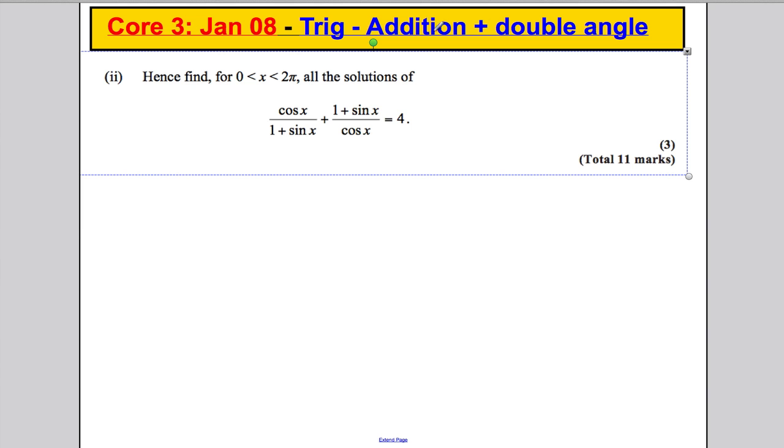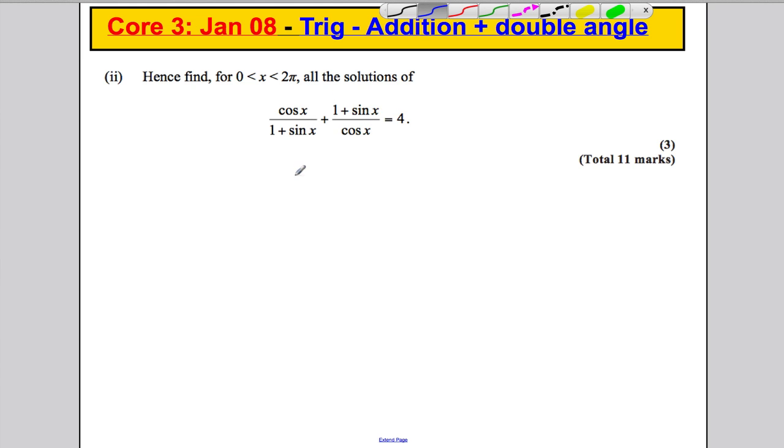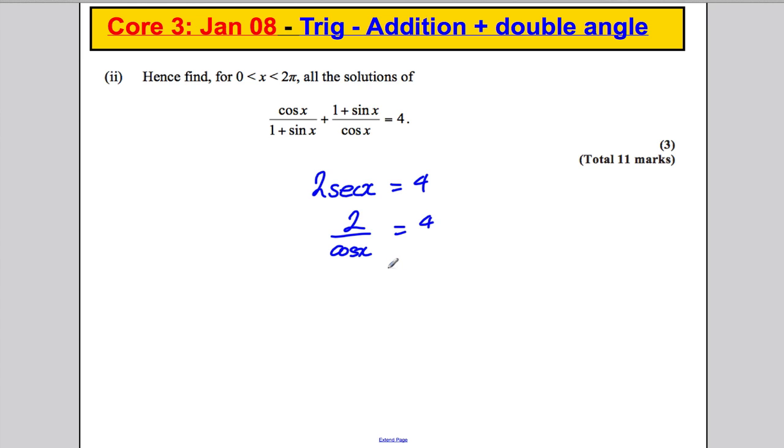Next, hence, we're asked to find all the solutions to the following equation. Well, we know this is the same thing as writing 2 sec x is equal to 4 from the previous part. So this is like writing 2 over cos x equals 4, which is the same thing as the following.